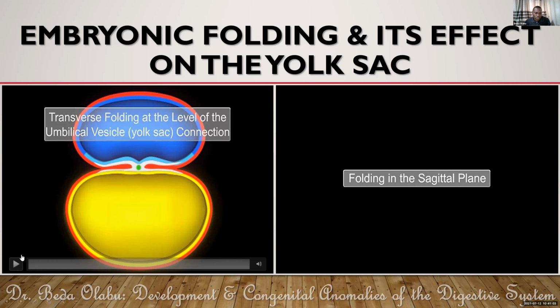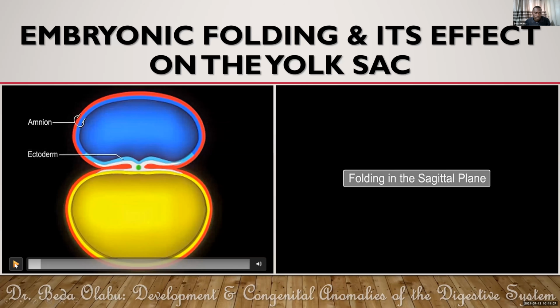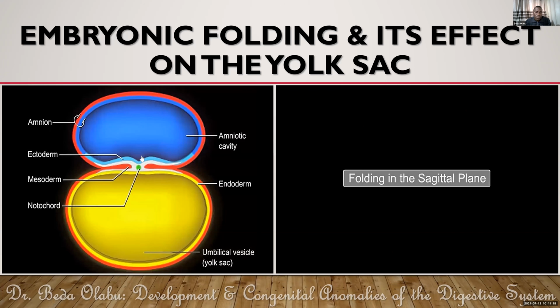If you do remember well, a trilaminar embryo looks like this. Or let me give you a better view of that. A trilaminar embryo has the ectoderm, the blue layer, the mesoderm, the middle layer, and the endoderm, the yellow layer.